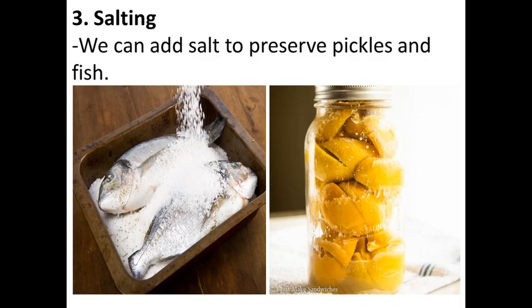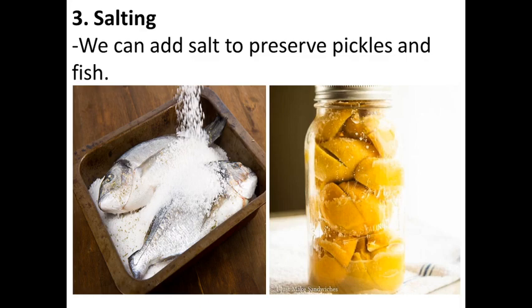Sprinkling food with salt removes the moisture from it. That is the second cause. Just remember what the causes are. Temperature we have learned in freezing and boiling, hot temperature, cold temperature. Then salting means we don't want moisture, and we can remove that moisture by sprinkling salt.